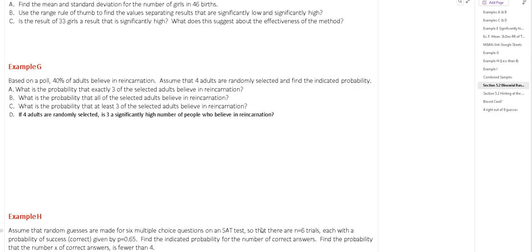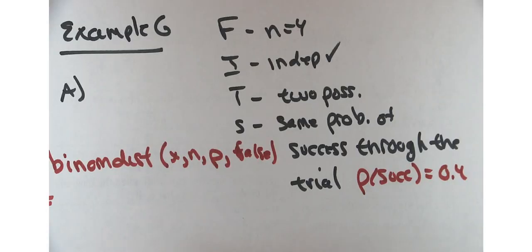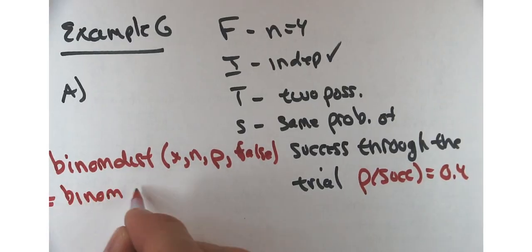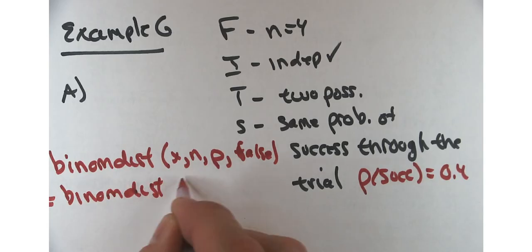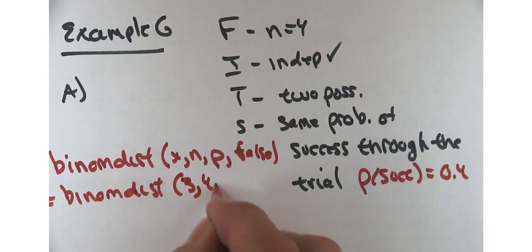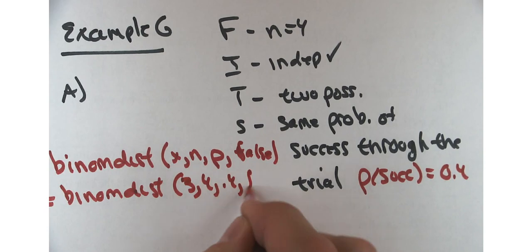So what's that going to be? What should I fill this in as? Marvin's got it. Go ahead, Marvin. What do I want to fill in there? Equals binomial 3, 4, 0.4, false. 3 is your X, 4 is your N, 0.4 is P, and then false.